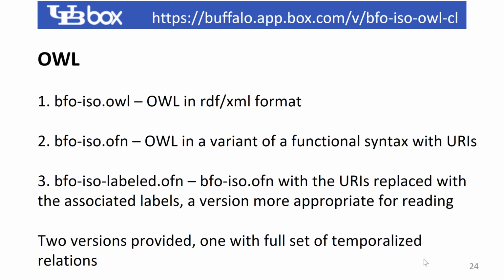For each of these 3, we provide 2 versions. One version corresponds to BFO2, which has a very, very small set of relational expressions. The other version has a gigantically large set of what we call temporalized relations, which I will go through in detail later on in this tutorial.